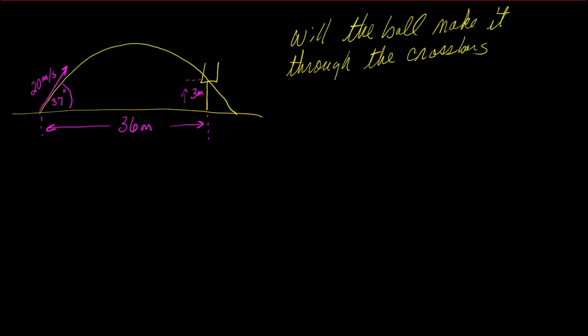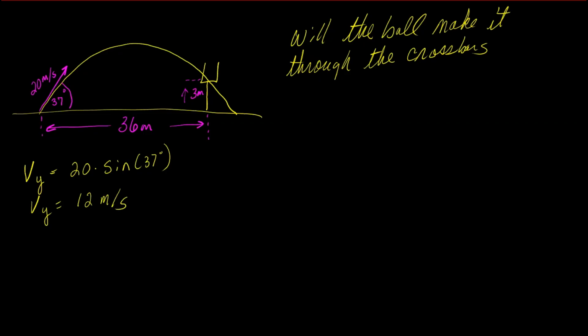Okay, so let's start off by finding the y velocity. Velocity along the y will be 20 times the sine of 37. So the y velocity will be equal to 12 meters per second.